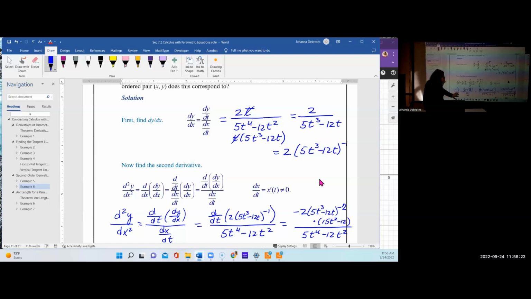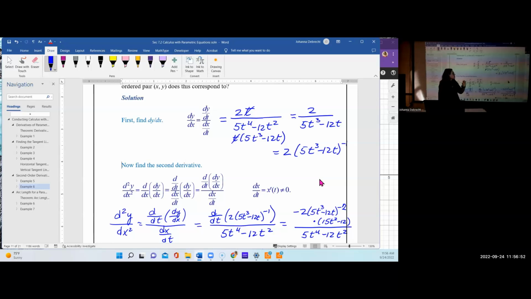Remember, that means you take the derivative with respect to t of the first derivative, which is the derivative of this formula that we found here. Now, a simpler way to take the derivative of this is to write it with a -1 exponent so that we can invoke the chain rule rather than having to do the quotient rule, which would be more difficult. So I wrote that here in this format, and then we're dividing, of course, by dx/dt.